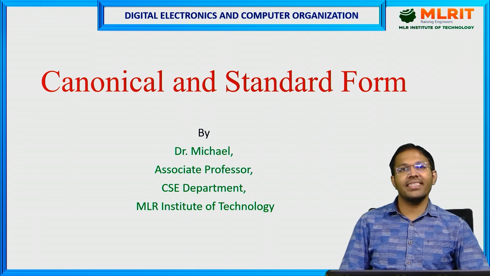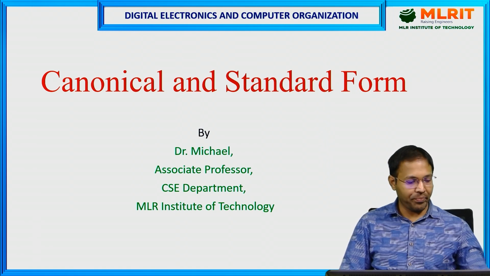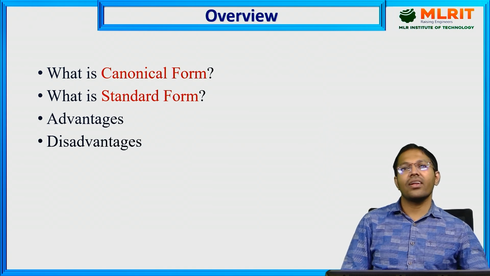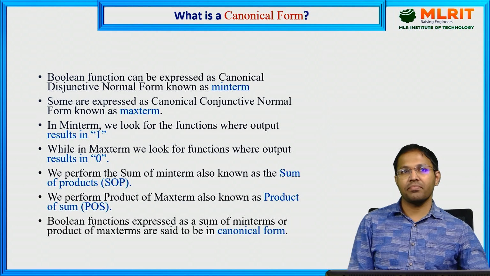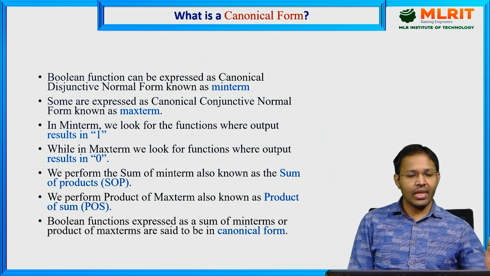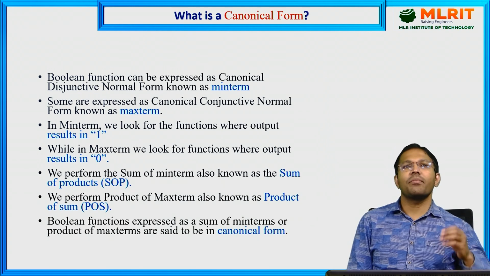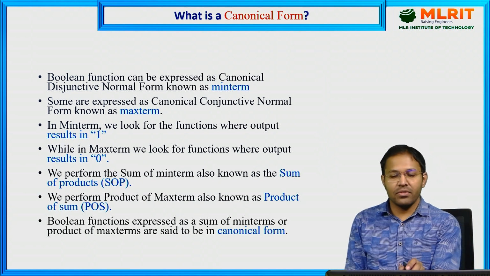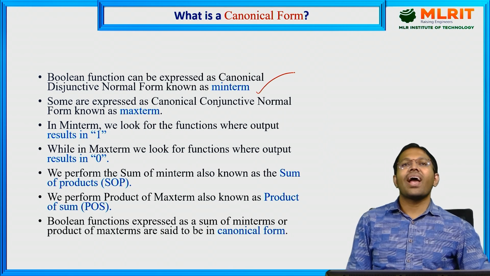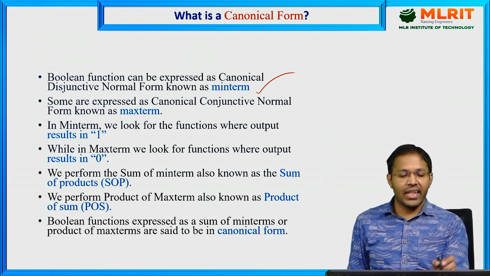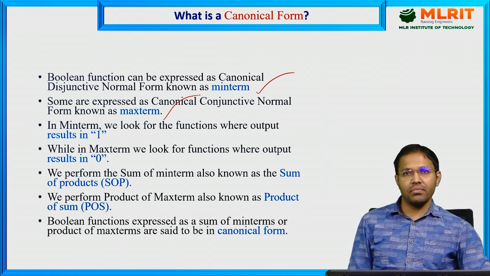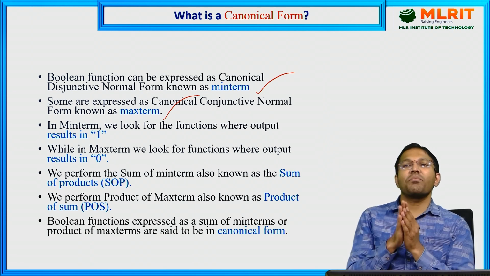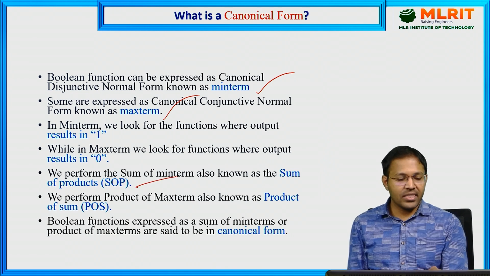Today's topic is Canonical and Standard Form. We'll see what is canonical form, what is standard form, its advantages and disadvantages. So, here a Boolean function can be expressed in canonical form, that is in terms of min terms and max terms, and the general representations we have are sum of products and product of sums.